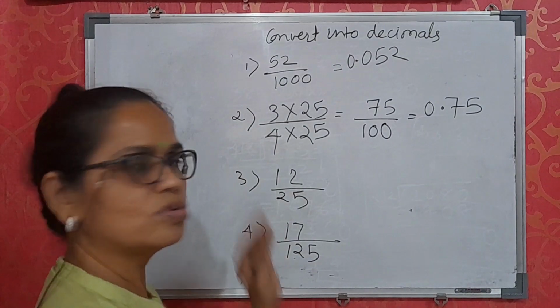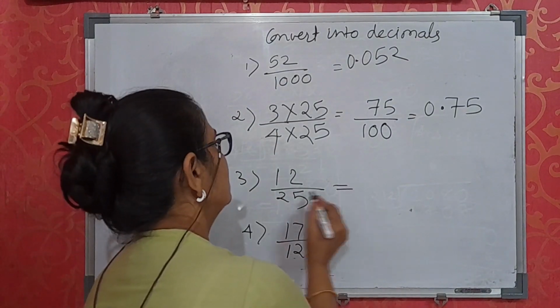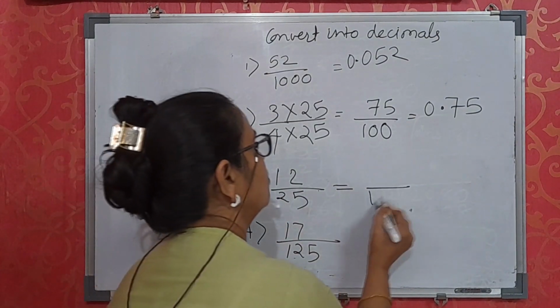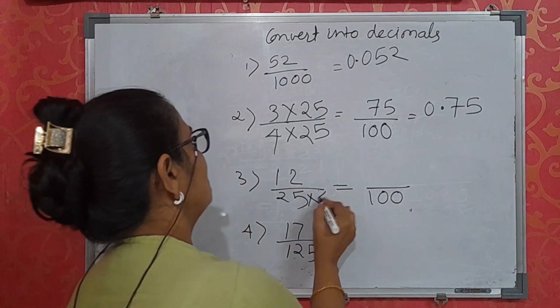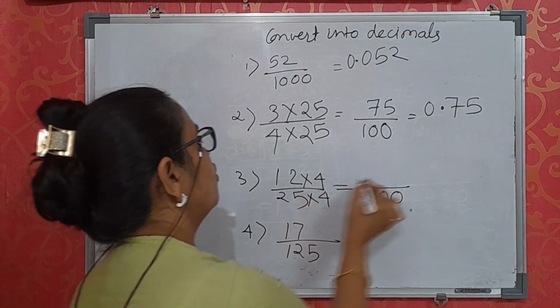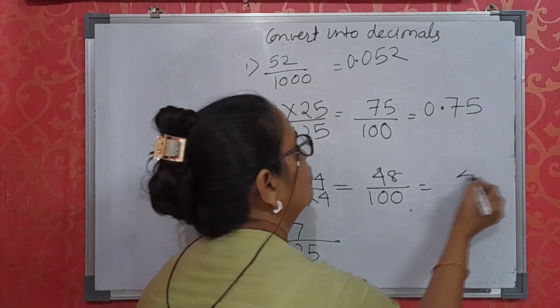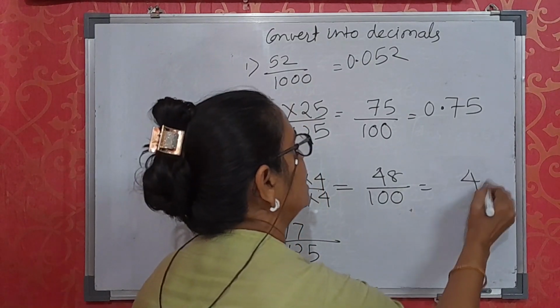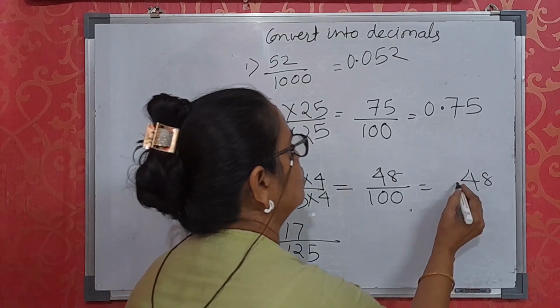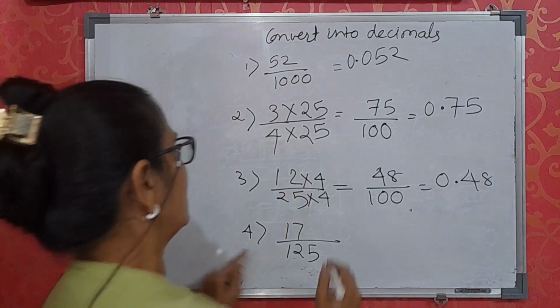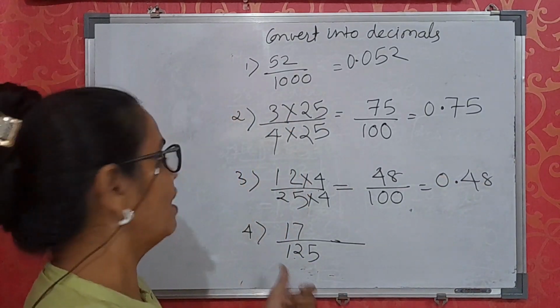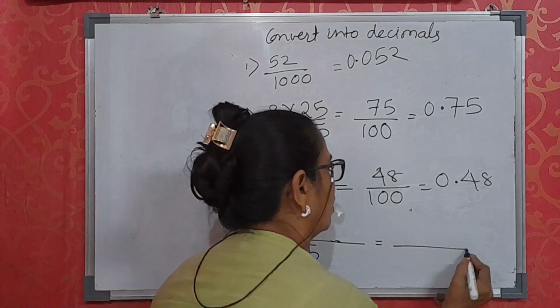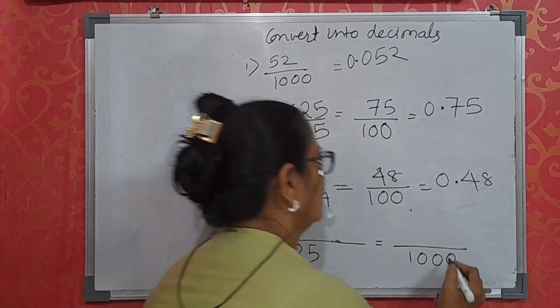This way you have to solve the sum. Same now with 25. I want 100, so multiply by 4, multiply by 4: 48 over 100. So 0.48. Now 125 to 100 is not possible. Check for 1000.